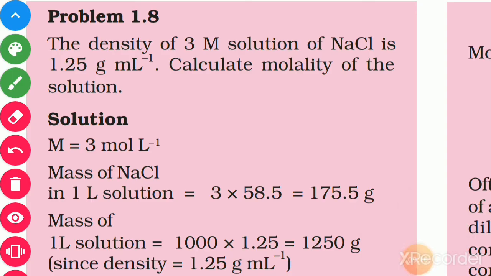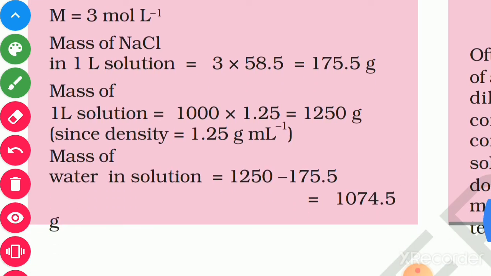Take one example, problem 1.8. The density of 3 molar solution of NaCl is 1.25 gram per ml. Calculate the molality of the solution. Molarity equal to 3 moles per liter. Therefore, amount of NaCl equal to 3 into 58.5 gram equal to 175.5 gram. Mass of 1 liter solution, 1000 into density 1.25 equal to 1250 gram.